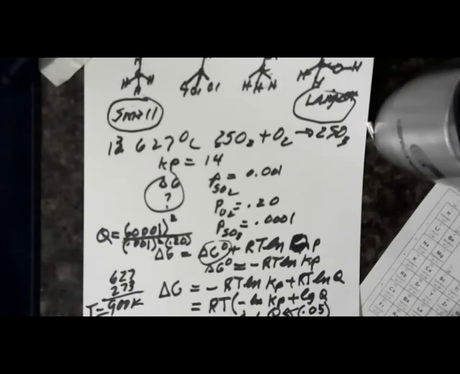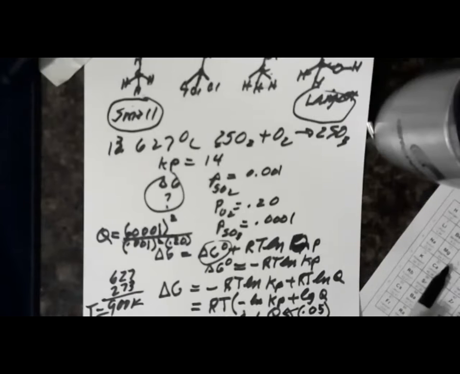So I want to take the ln of that answer, and I get minus 5.63 times the temperature, 900, times 8.314.